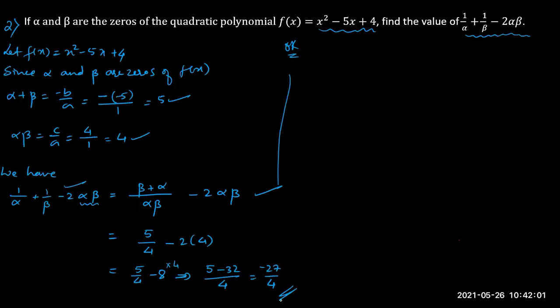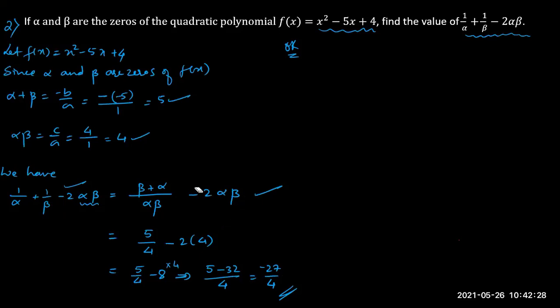Sir, if the a value is 3 or 6, something like that, how do we find it, if it is not divisible by 5? B value is minus 5, sir.